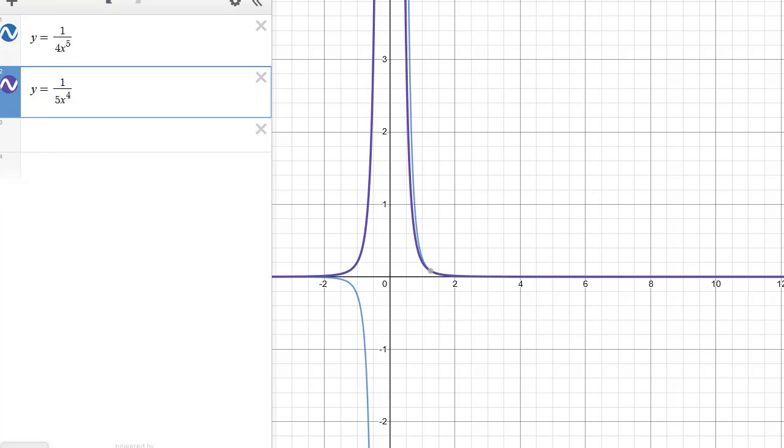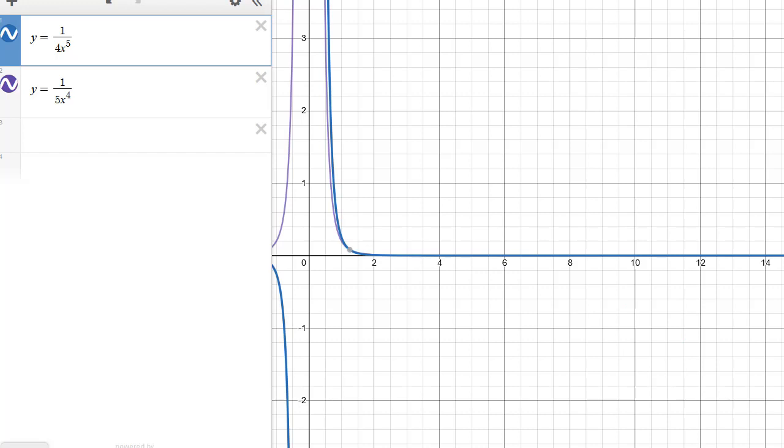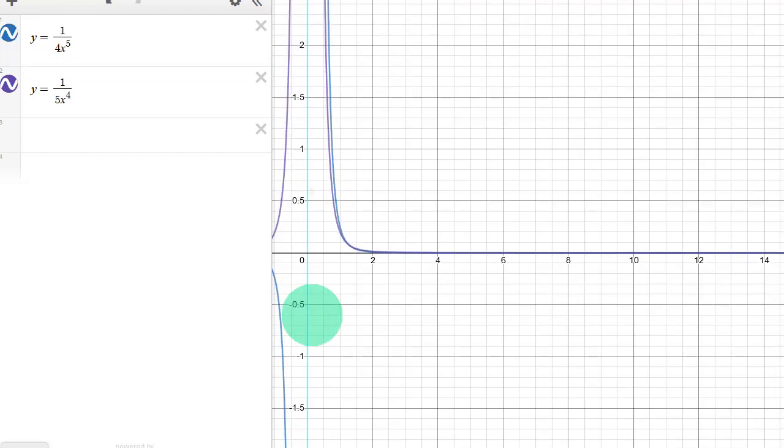Remember, dominates means it is always larger for very large values of x. In this case, at very large values of x, both of these are very small, like when x is 6 or 8 or 10. Both get so close to 0 you can barely see anything.